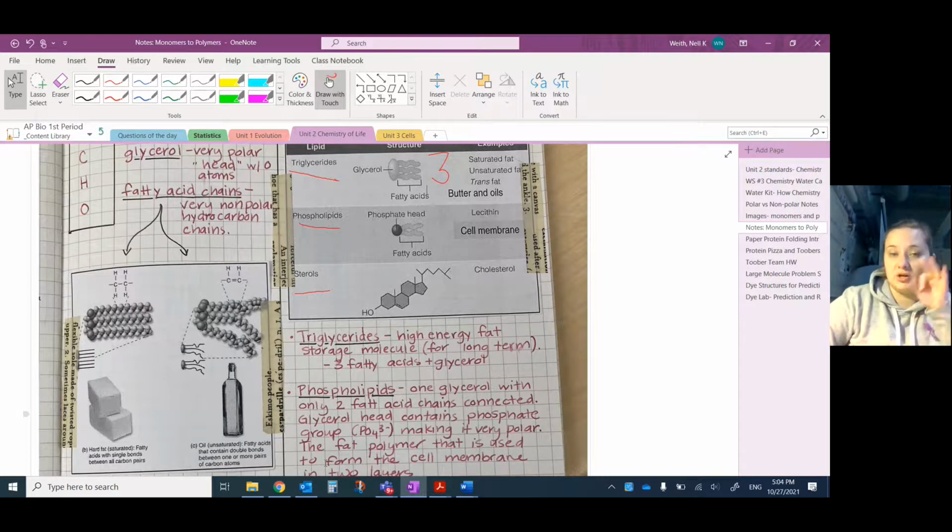So that is, again, triglycerides, 3 fatty acids attached to the glycerol.